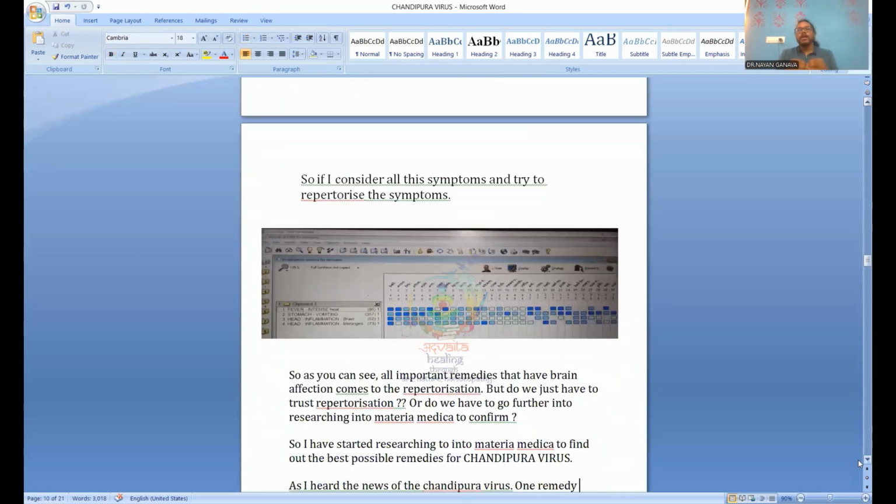So what I first did was put in a few symptoms and try to see what remedies come up. I have put a few symptoms in RADAR repertory, Synthesis 9.0, and tried to see which remedies are coming up.